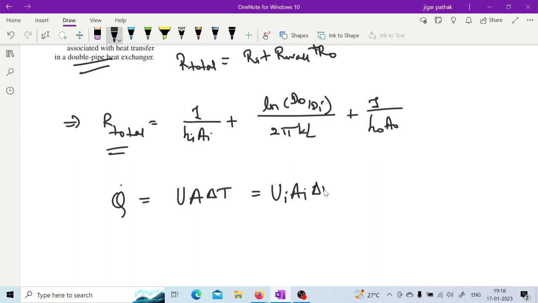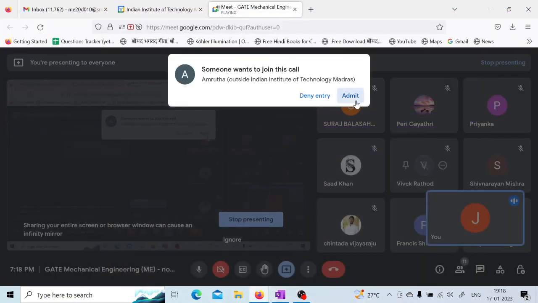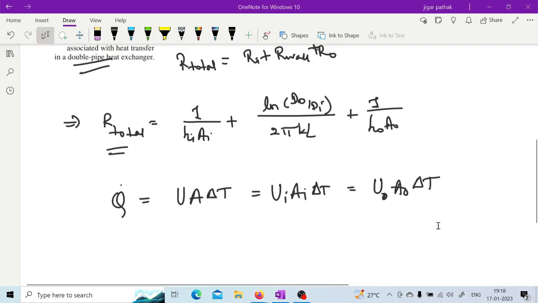So U_i A_i delta T can be equated to U_o A_o delta T, right? This is the overall heat transfer coefficient, as we have already discussed. It is generally given in watt per meter square degree centigrade, and it is identical to the heat transfer coefficient h.